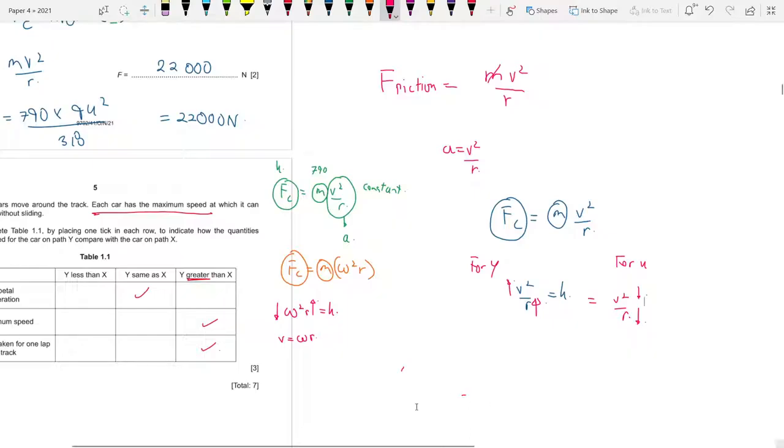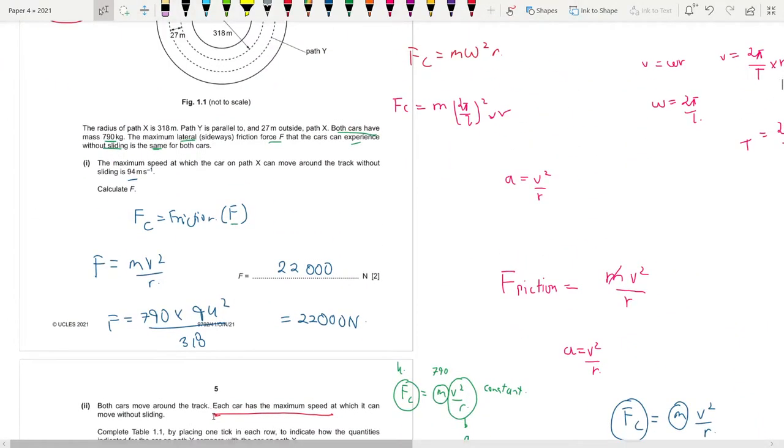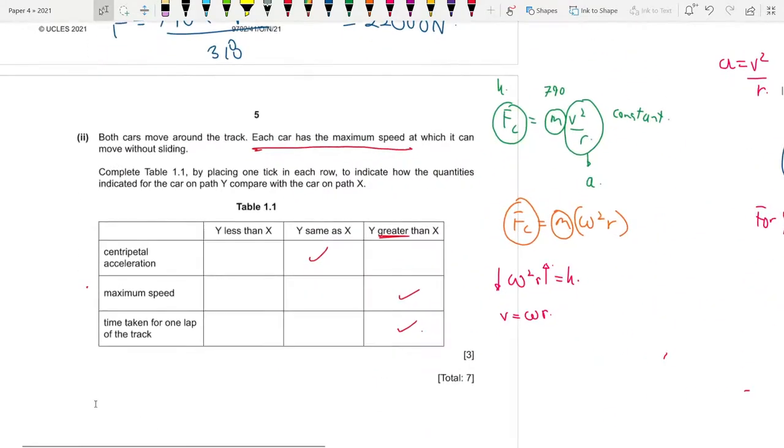So I'm going to go again. Let's start from the top. Mainly, both of them have the same mass and the same friction. The friction provides the centripetal force. So we know that centripetal force is equal to mv squared by r. Since Fc is constant and m is also constant, the value of v squared by r, or acceleration, is also constant.